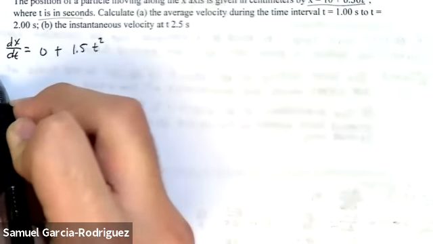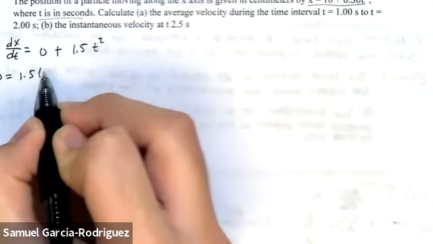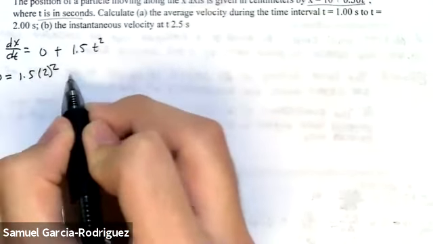So somebody in class said put T2 into the equation and T1 into the equation. So just for clarification, which equation are you putting it into? Okay. So let's do that. So we get V of 2 is equivalent to 1.5 times 2 squared.